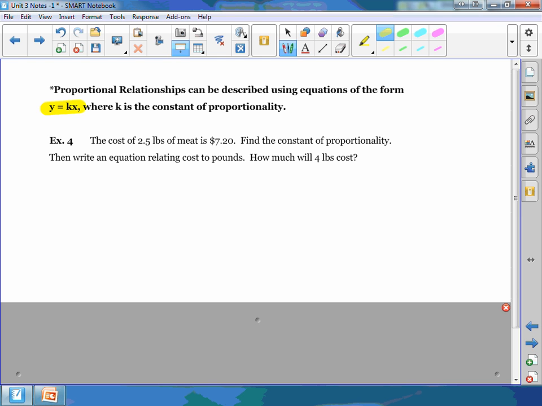Okay, so I'm going to ask you guys something. Maybe you remember this, maybe you don't. You remember graphing, of course. You know how to plot points on a graph. When you're graphing two variables, do you remember talking about an independent variable and a dependent variable?